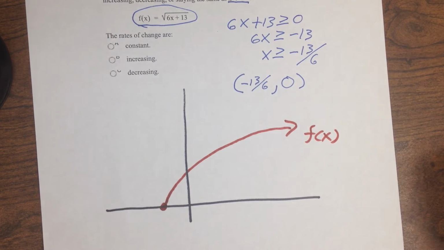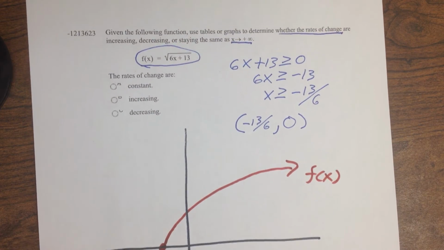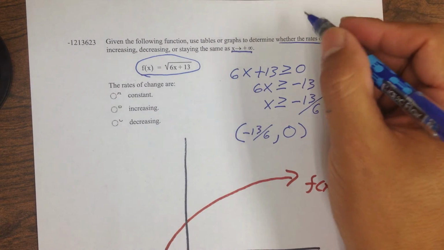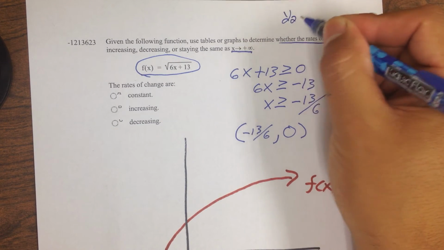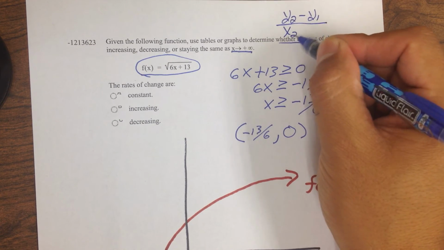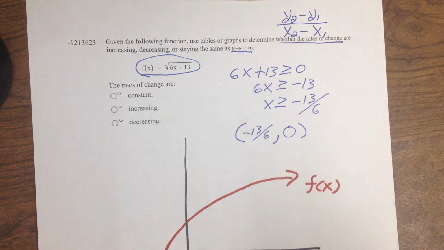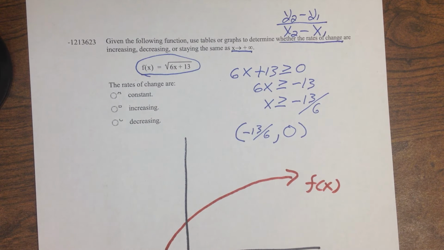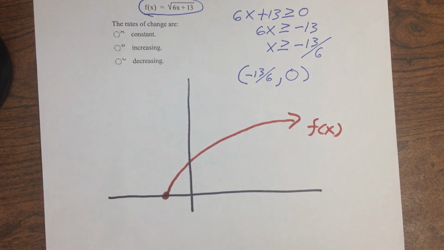Now, a rate of change. What is a rate of change? It is the formula y2 minus y1 over x2 minus x1. Now, you might be thinking to yourself, that's the slope formula. Yes, it is the slope formula for a straight line, but if we look at our graph, this is clearly not a straight line.